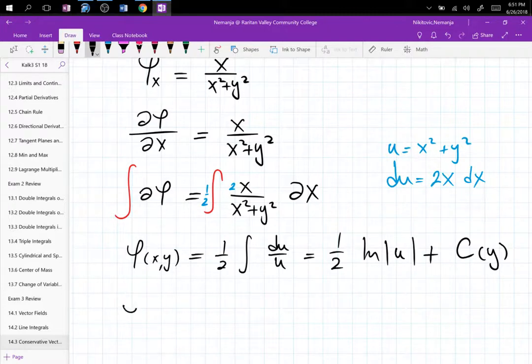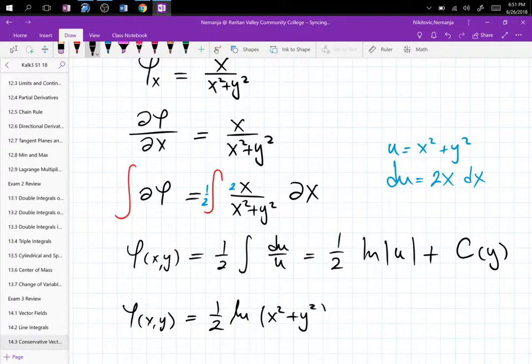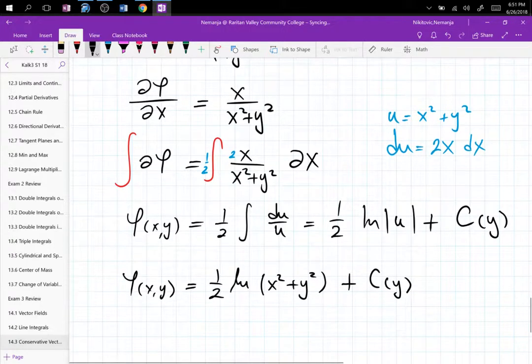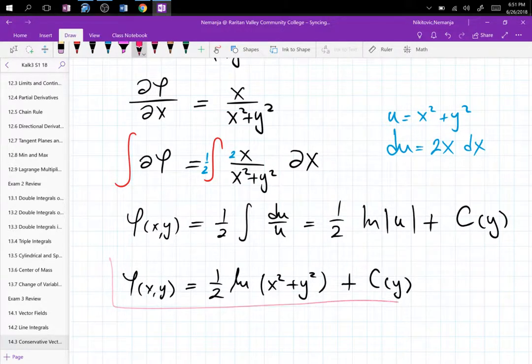So now, what is the phi of x y? Phi of x y is 1/2 ln absolute value of, I don't need absolute value because both of these terms are squared, so they're positive. So I have x squared plus y squared plus some c of y. Now, I'm going to actually box this slightly because this is technically an answer.